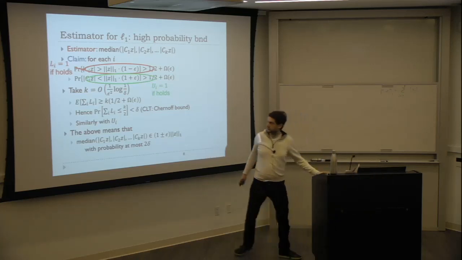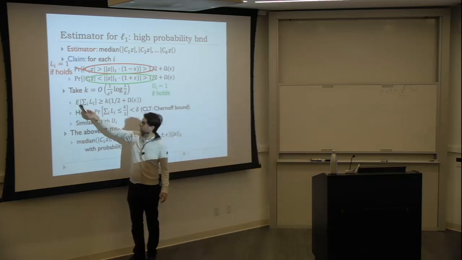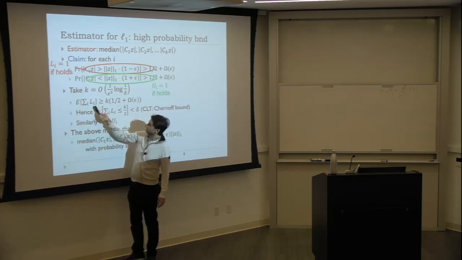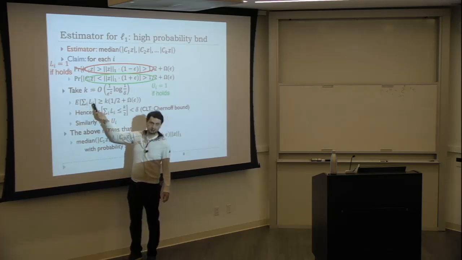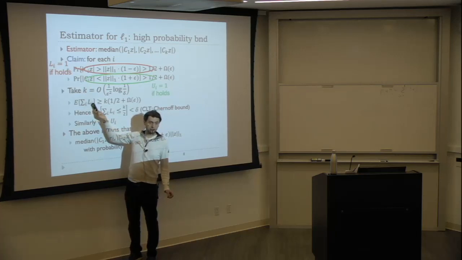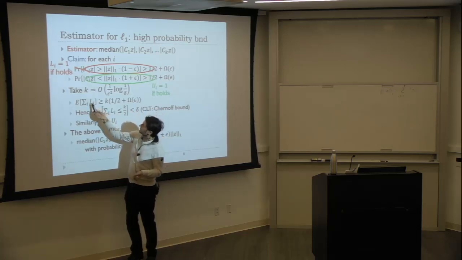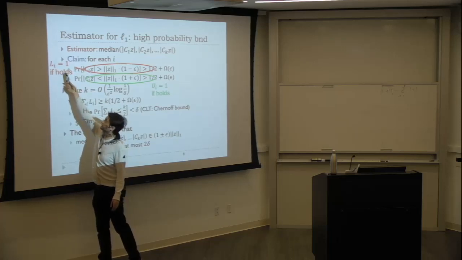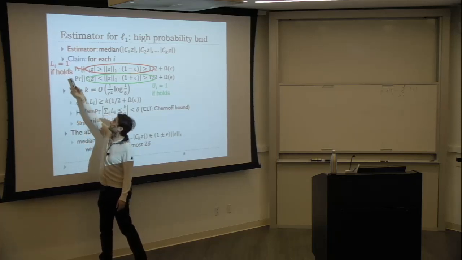Right, so what is the summation of Li's? By linearity of expectation, this is the summation of the expectation of the Li's. What is the expectation of a fixed Li, let's say L1? Well, since it is an indicator random variable, it's exactly the probability that L1 is equal to 1. What does it mean?